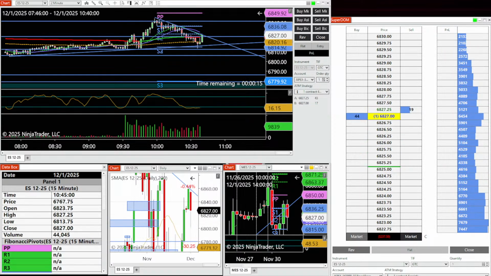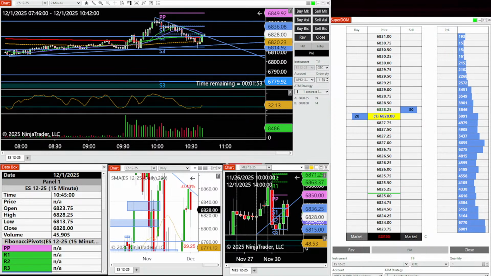We've got 5 minutes until another 15-minute bar opens up. And right now with the stochastic, there's a lot of time frames not lining up, like the 15-minute. Testing 30.